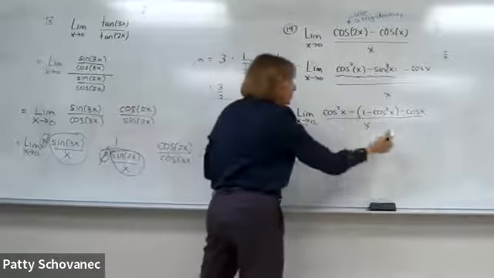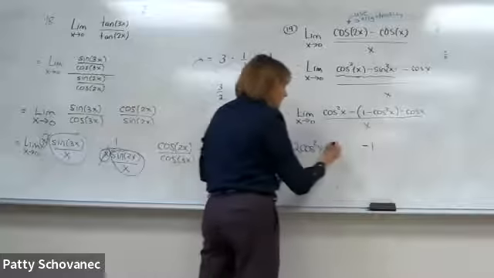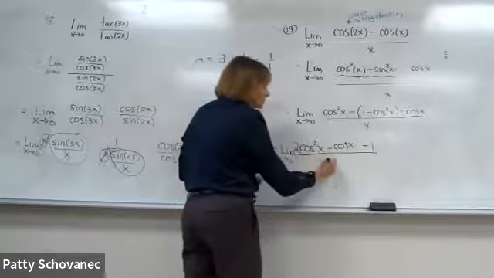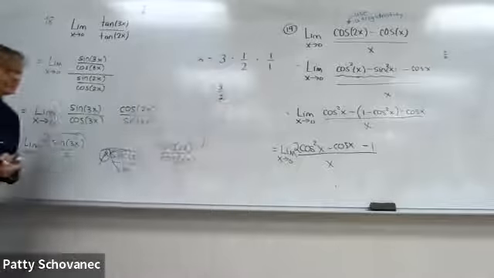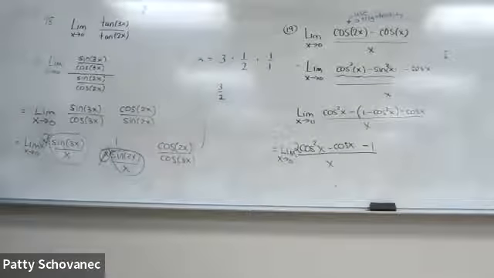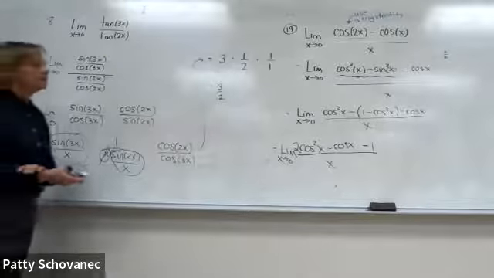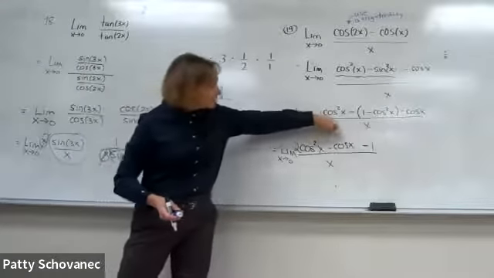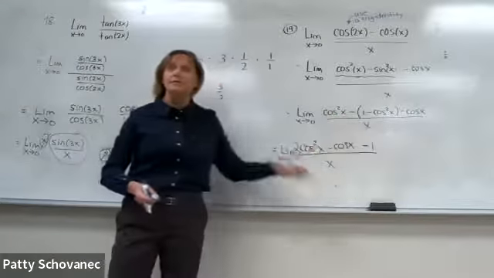Then that becomes a minus 1, and I'm going to put the minus cosine in the middle. Two cosine squared of x minus the cosine of x minus 1 all over x. Still has the form of 0 over 0 because each cosine of 0 is 1. So this is 1 times 2 minus 1 minus 1. So that's still 0, that's still 0.